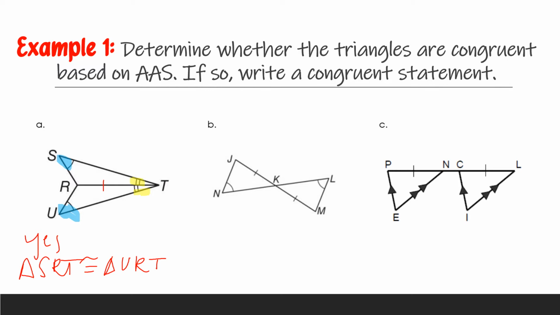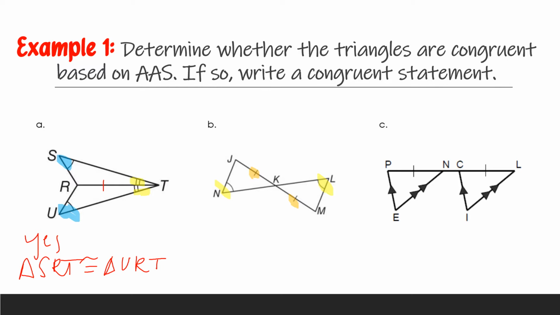For figure B, we have angle L and angle N marked congruent. We also have side JK and side KM marked congruent. What we don't have marked congruent that we know will be congruent, because we've got that bow tie figure, are the vertical angles.